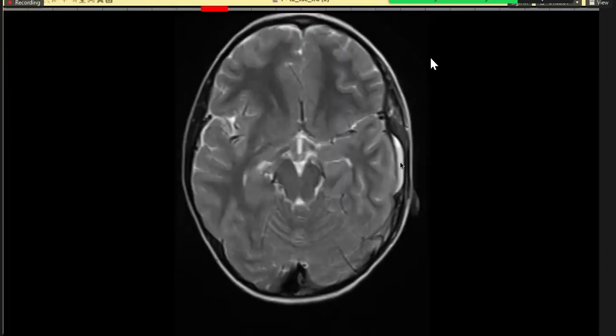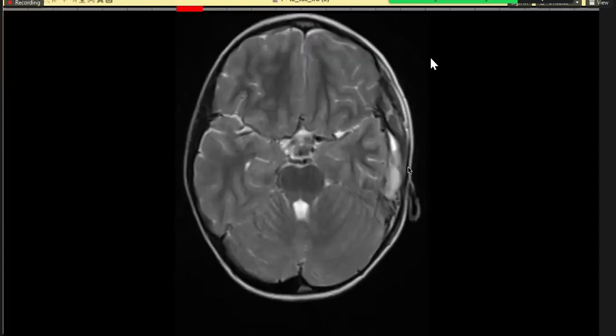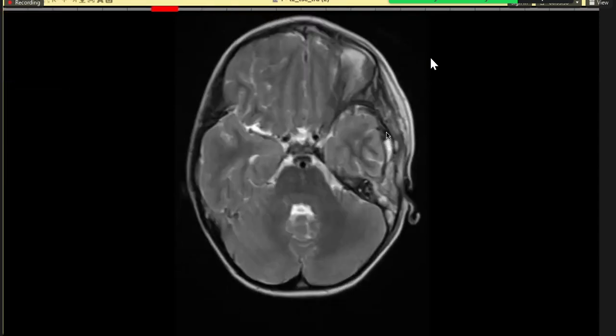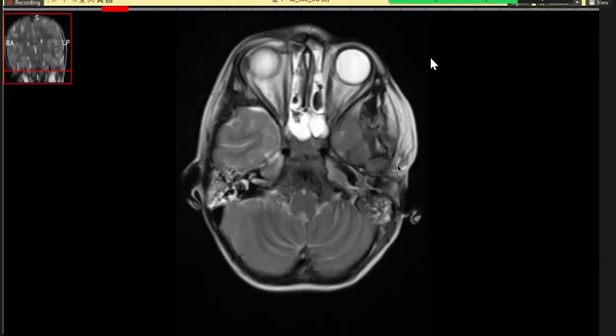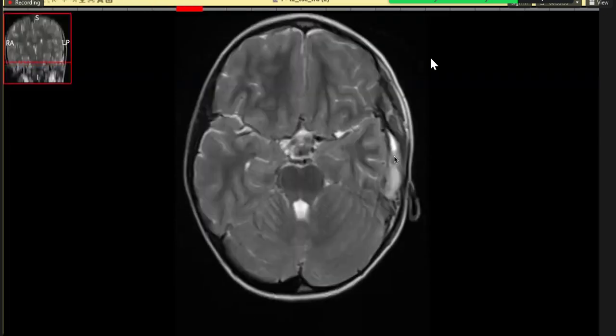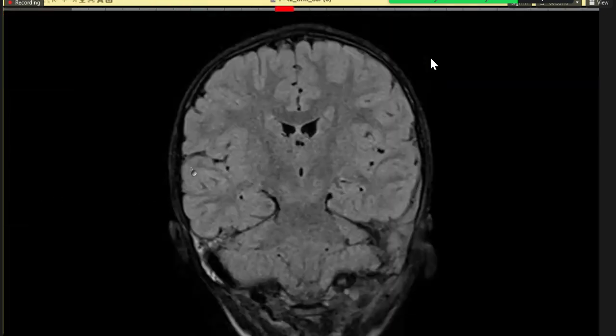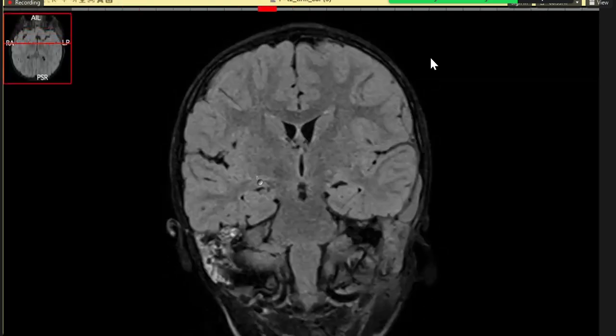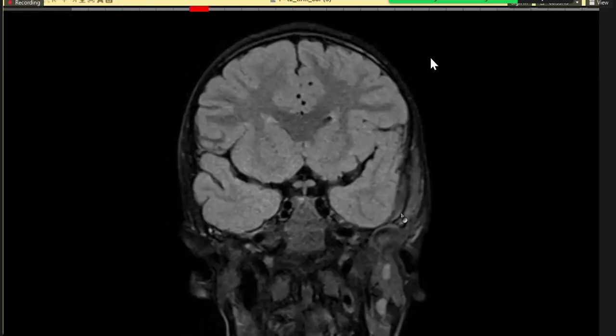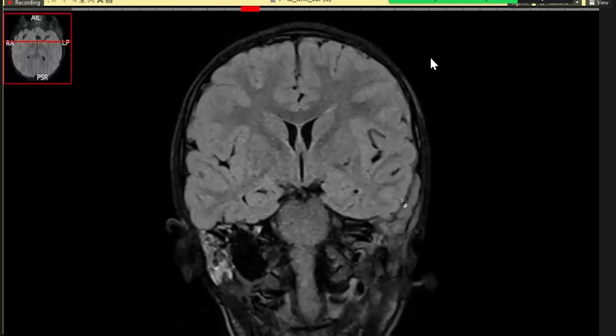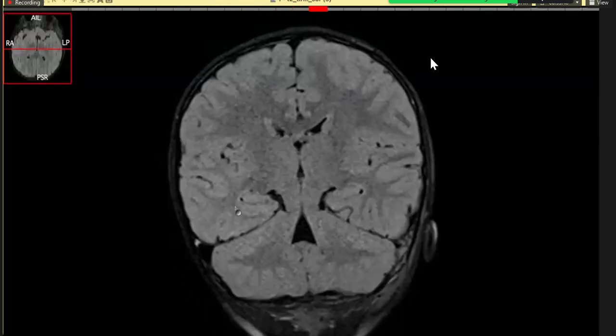You can see this is epidural, this is extra-axial, and you can see this air bubble, and this is the air-fluid level here. So the abscess has reduced slightly, and on a FLAIR sequence it is not as clearly seen, but the main thing is it is extra-axial, epidural.